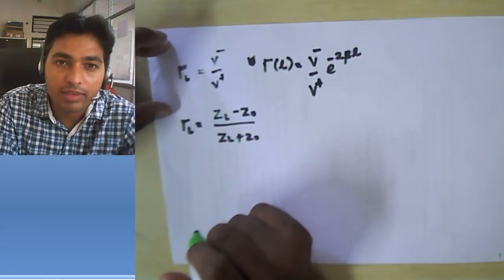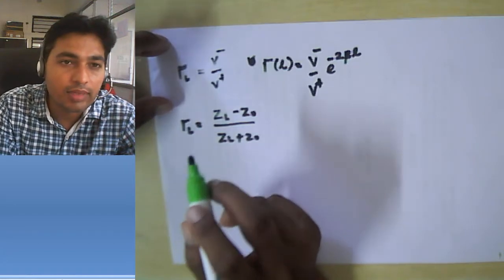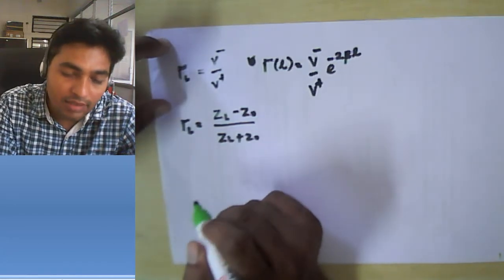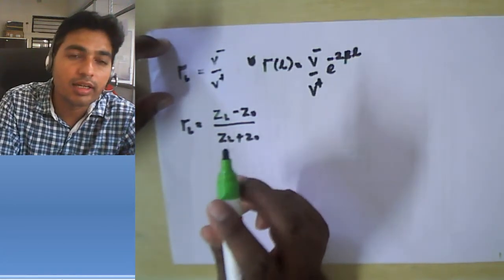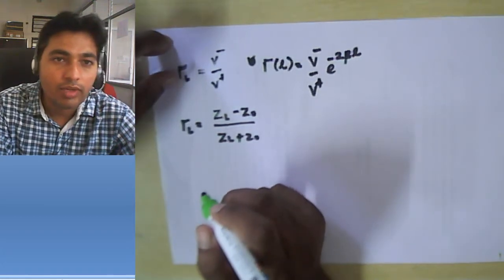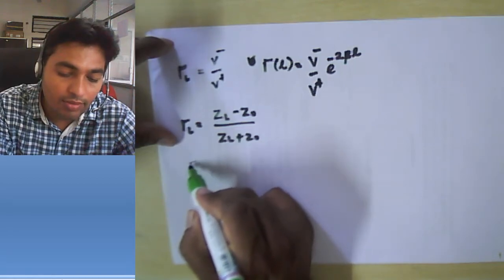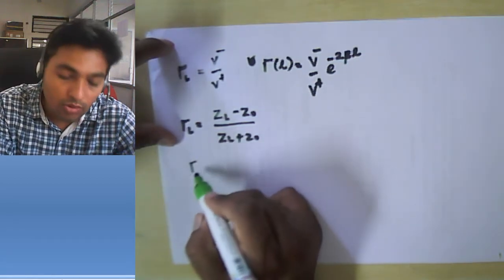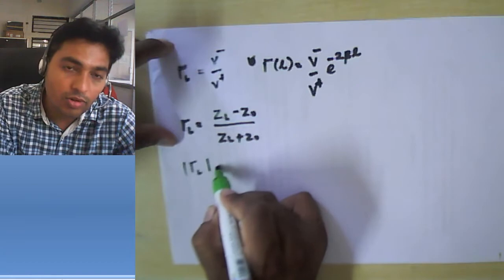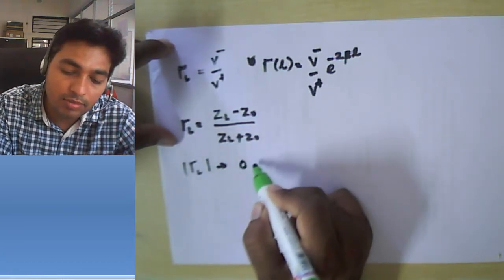In case of an imperfect match, or in the worst case, a short circuited line or an open circuited line, the reflection coefficient is equal to 1.